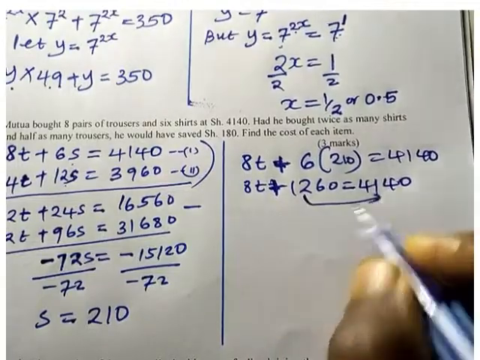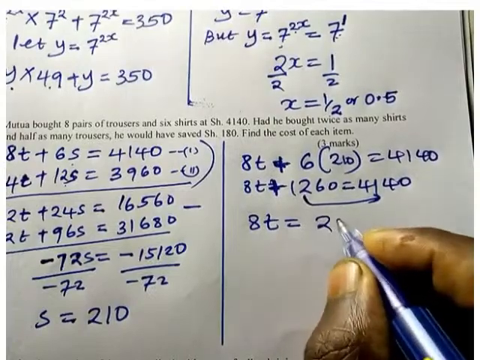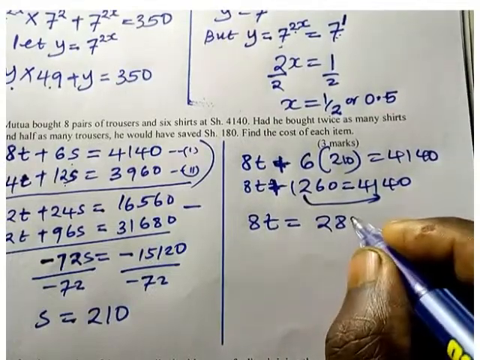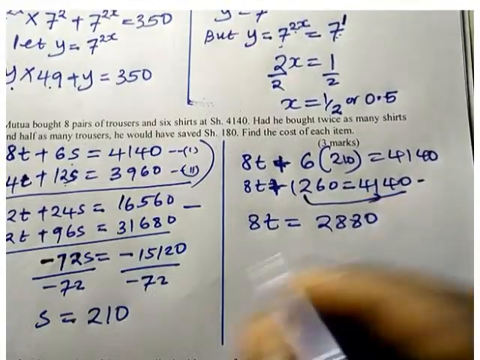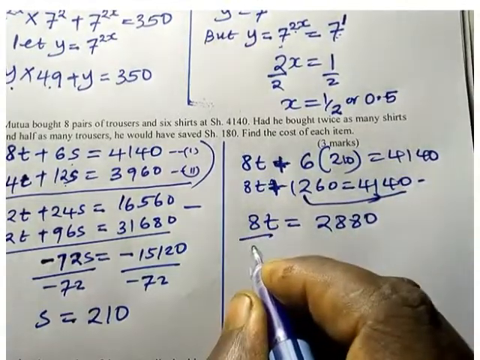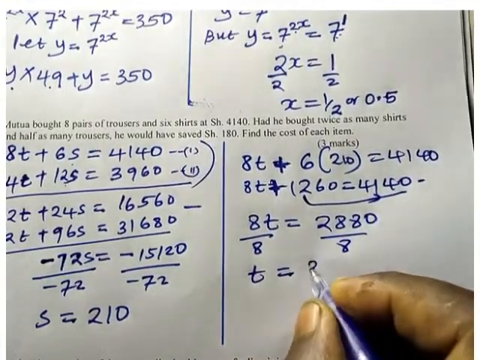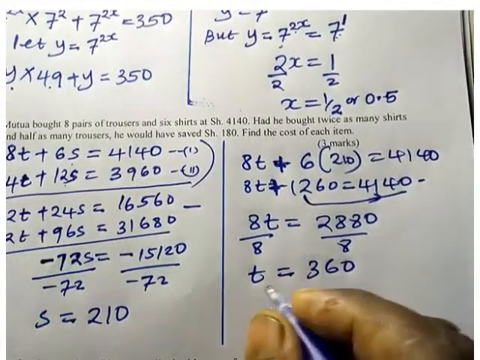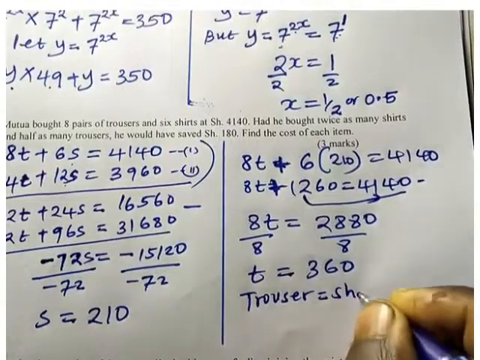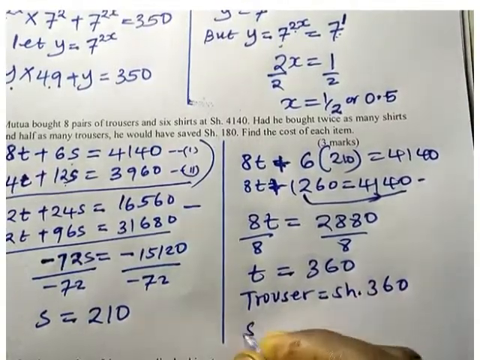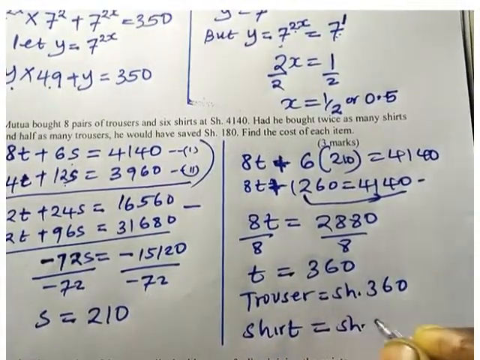Like terms together, 80T is equal to 2,880. When you get here, you subtract this and the sign changes. Now you divide by 8. So T is equal to 360, meaning that the trouser is bought at Kenya shillings 360 and the shirt is bought at Kenya shillings 210.